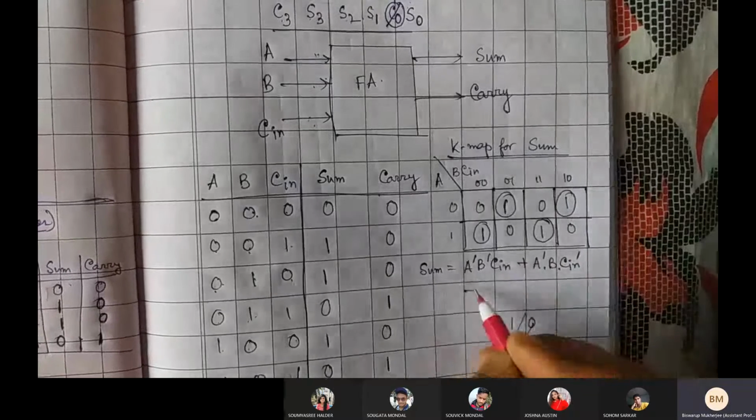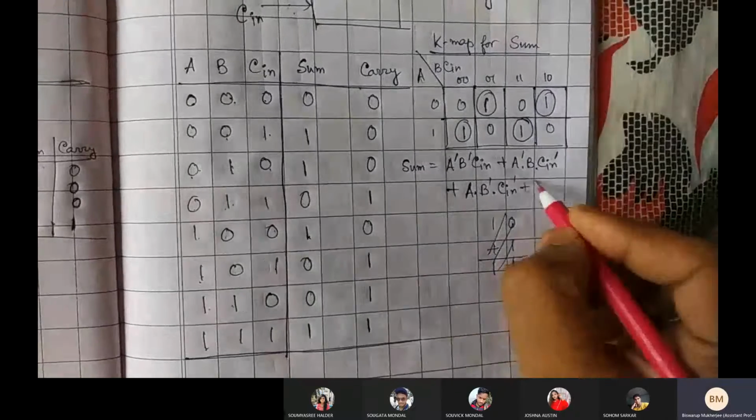Plus this one, A, B bar, C in bar, right? And finally, this one is A, B, C.